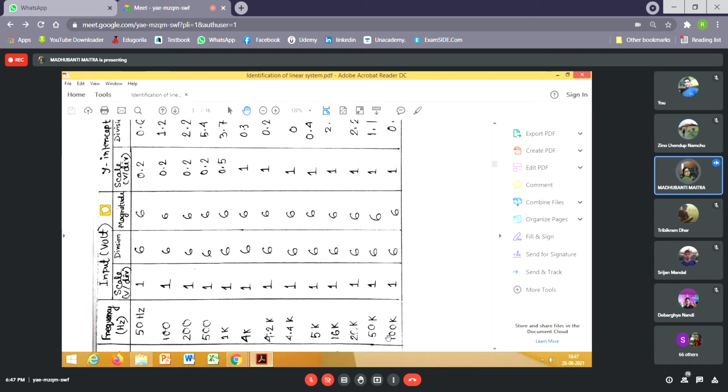At these frequencies, we'll determine the system gain, which is basically the ratio of B to A, and the phase shift, if any, between the output and the input. From this table we can see the input voltage, and while performing the experiment, in each run, for each frequency, we'll have to ensure that the peak-to-peak voltage of the input sinusoid is 6 volt.